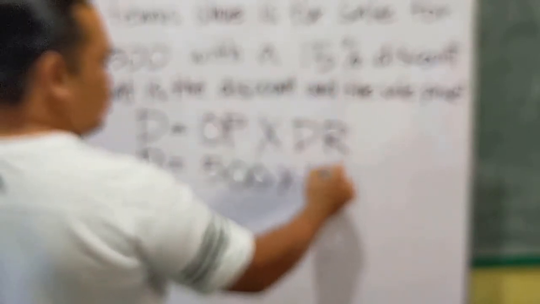Okay, that is our formula. So using the formula, let's substitute the given. So we are looking for the discount here. Now, what is the original price? That is $500 times what is our discount rate? That's 15%.